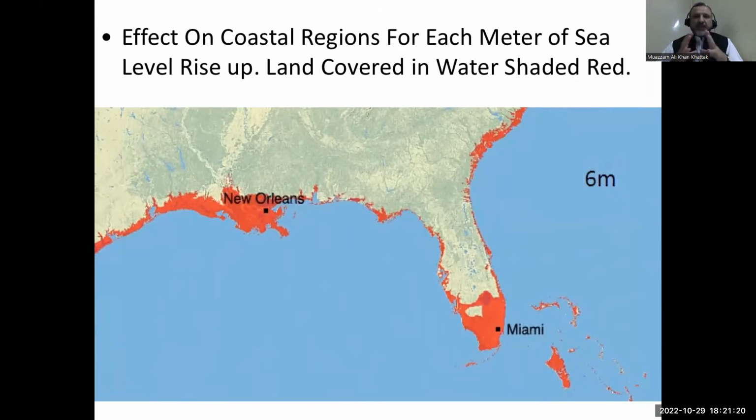So there is now a sort of a battle between human and water. If you know about the Palm in Dubai, they are trying to grab land from the ocean. On the other side, the ocean is trying to grab the land from the human being.